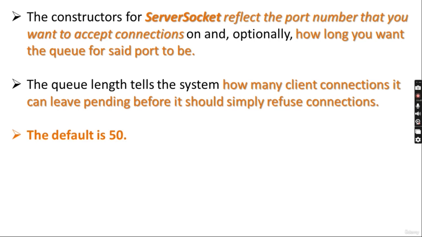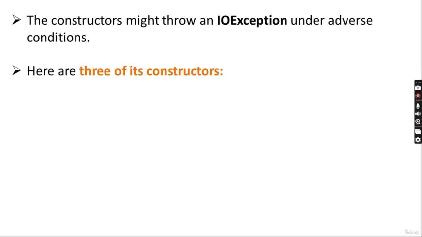The queue length tells the system how many client connections it can leave pending before it should simply refuse the connection. The default is 50. So the total number of client connections it can leave pending, by default, is 50, before it simply refuses the connection.